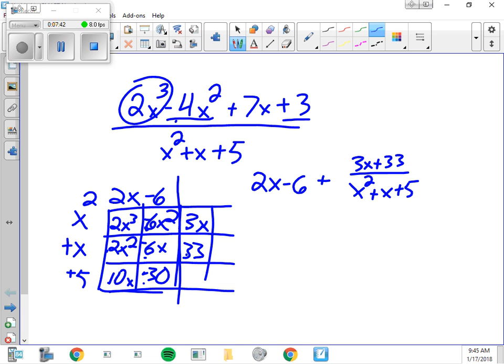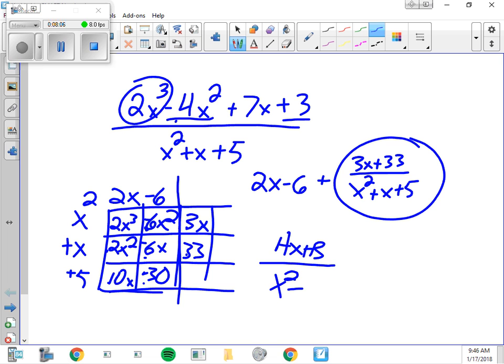Okay, and then you would just decompose this. Does x squared plus x plus 5 factor? No. So, what a dumb problem. You can't even decompose that because there's only one factor, and that factor is x squared plus x plus 5. So what you would do is ax plus b over x squared plus x plus 5.